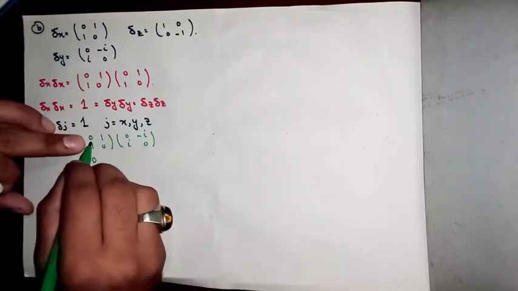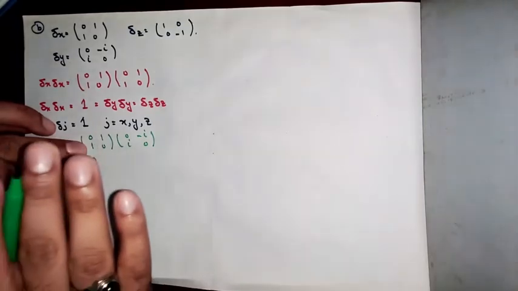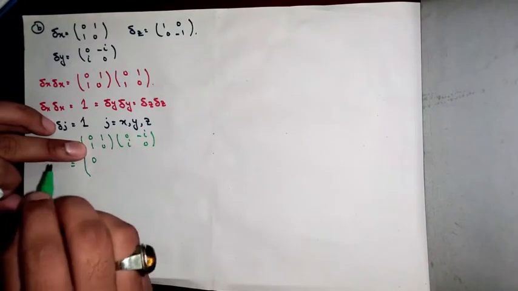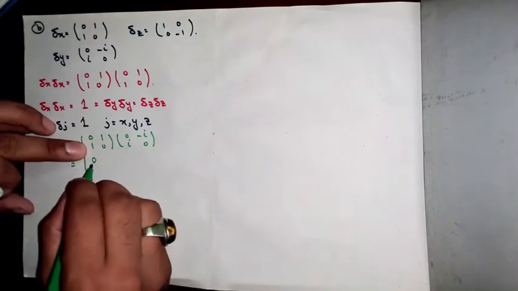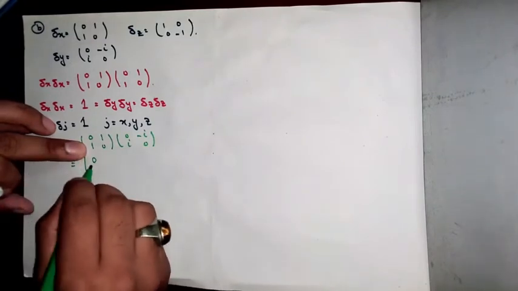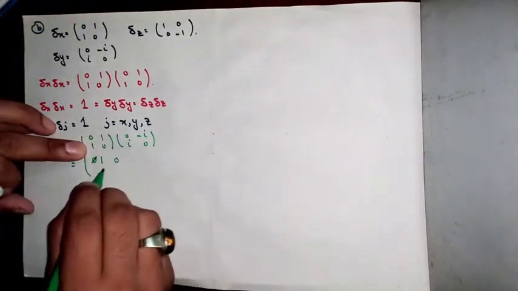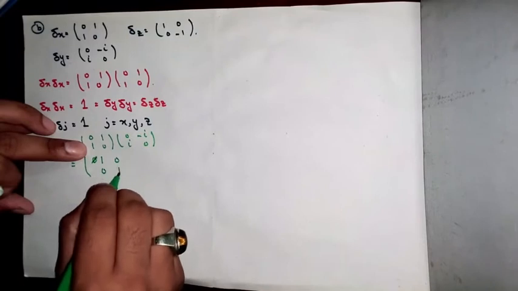It can be multiplied with the second row, with the first column and second column. So we can get 1 and 0, and 0 and 1.